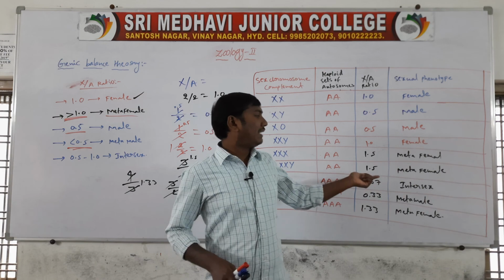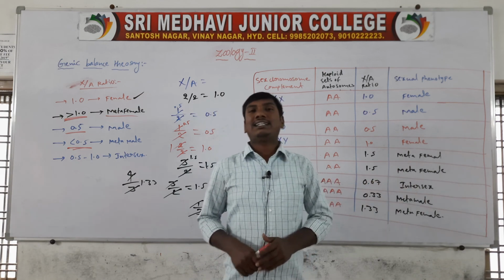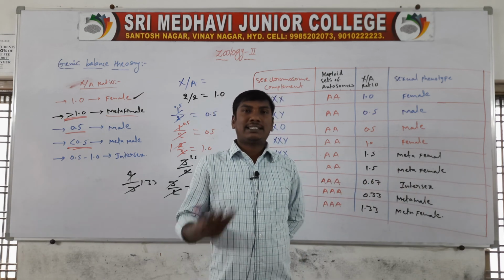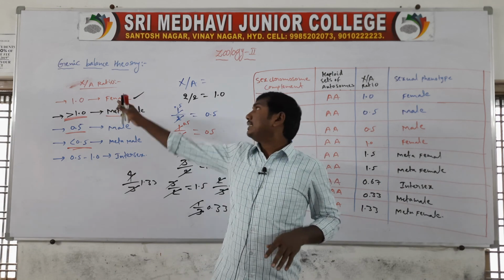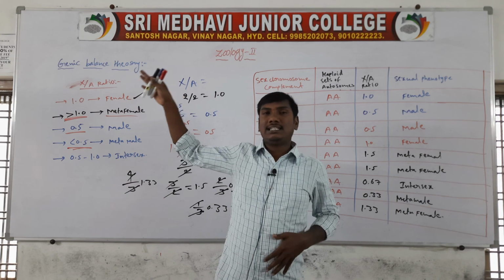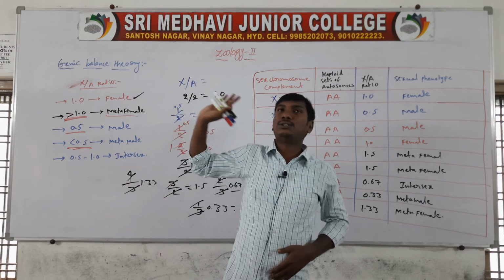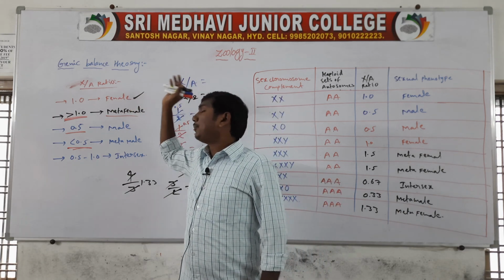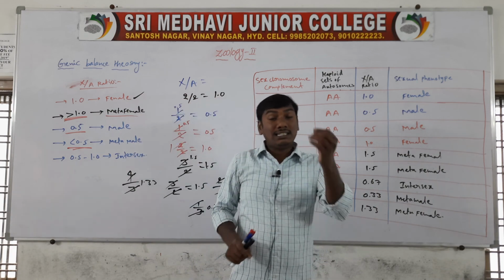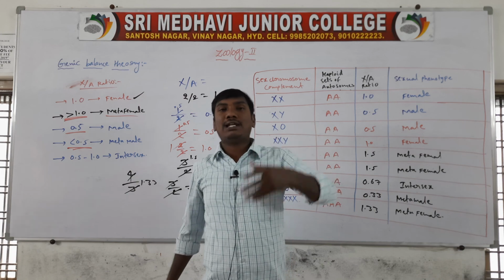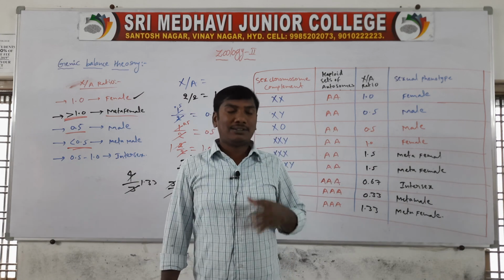Intersex means they show intermediate sex characters. This is sex determination through the genic balance theory, proposed by the scientist Bridges, who worked on Drosophila melanogaster.